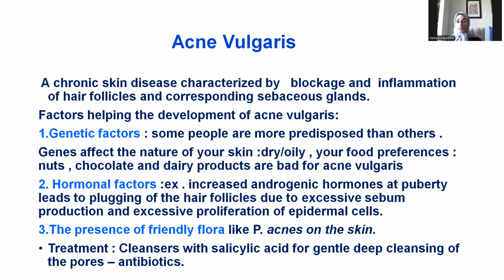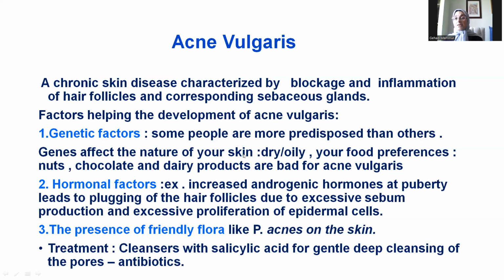So genetic predisposition on its own is a factor, but genetic predisposition also affects the nature of your skin. Some people have oily skin, whereas other people have dry skin. It would also affect your food preferences. So if you eat a lot of chocolate, dairy products, and nuts, then you're more exposed. I might ask you only about this entity: how does the nature of your skin affect your development of acne vulgaris?